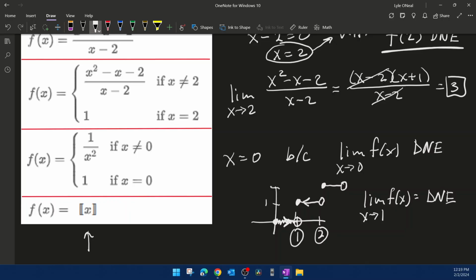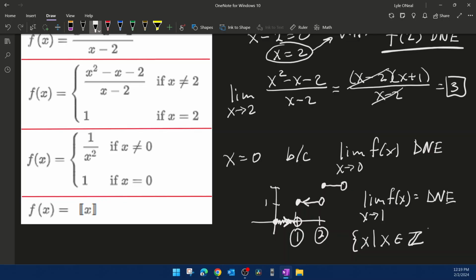Now, how do you write the notation to indicate the function is discontinuous at all integer values of x? We're going to use set notation for that, okay? So we would say the function is discontinuous for the set of all x's such that x is an element of the integers.